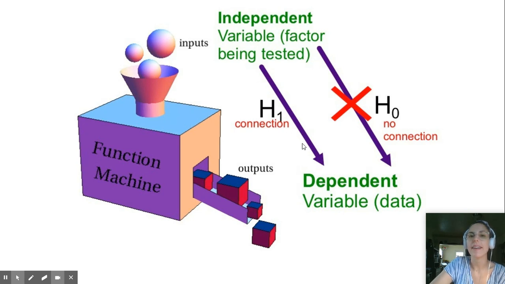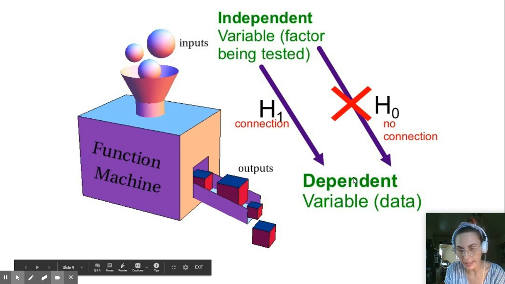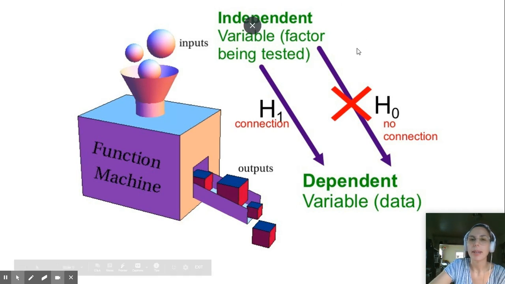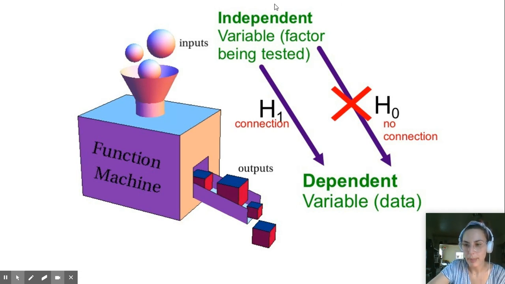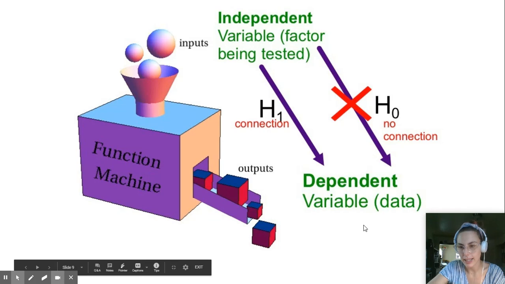It does have a connection to my dependent variable, my resting heart rate in this example, right? Okay, but in the null hypothesis version, I'm saying that my independent variable, my amount of exercise, will have absolutely no connection and no correlation to my resting heart rate, the data that I will collect, okay?